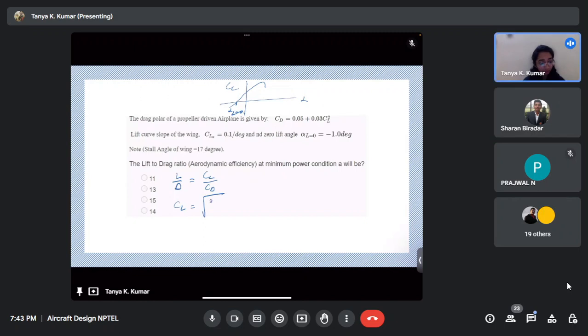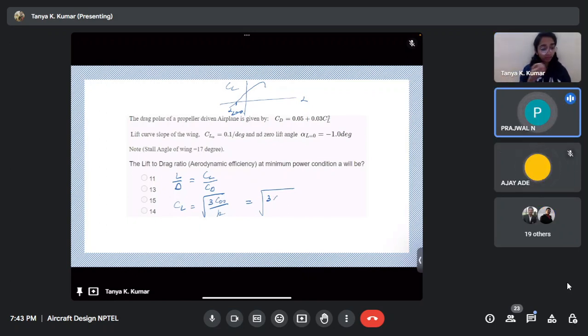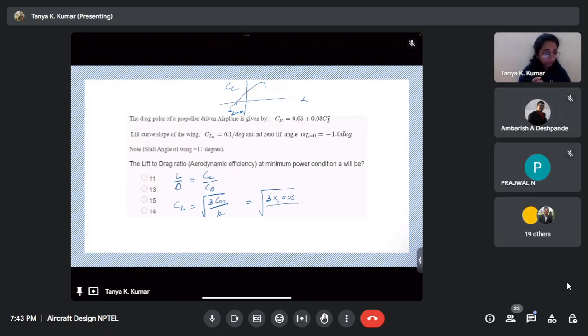For minimum power, it is under root of 3 times CD naught by K. So what is the value here? What is CD naught? 0.05. Correct. And K is 0.03. Correct. Okay, so what is the value of CL?